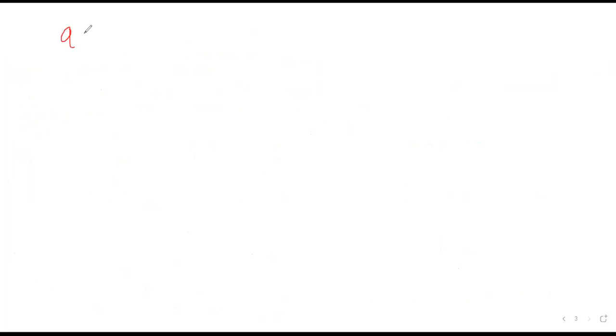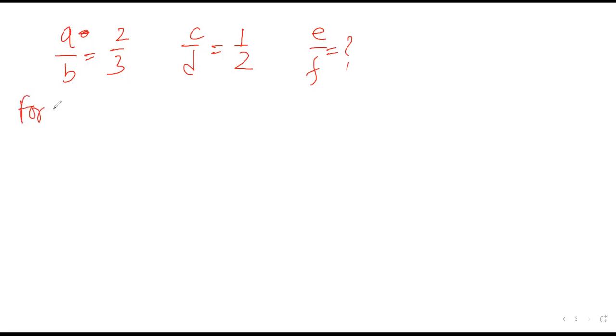I am taking a upon b as 2 upon 3, c upon d as 1 upon 2, and let us suppose e upon f will come out. For addition, firstly we will check closure under addition.